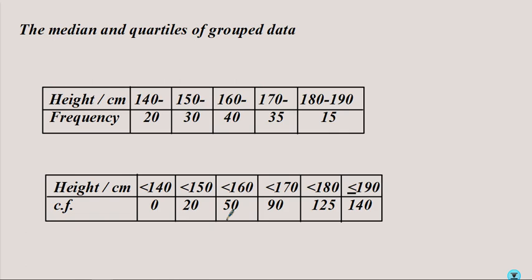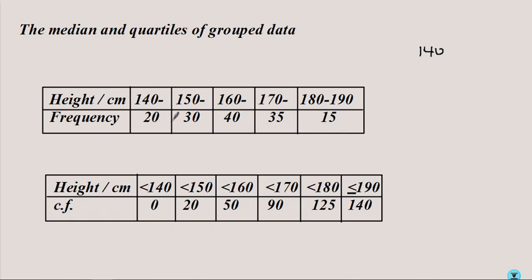But to think of the concept, there are 140 club members, and we want to look at the value in the middle. Now, the value in the middle, we don't need to do the (n+1)/2 anymore, because remember that those people are in an interval, but we don't know exactly where they are.